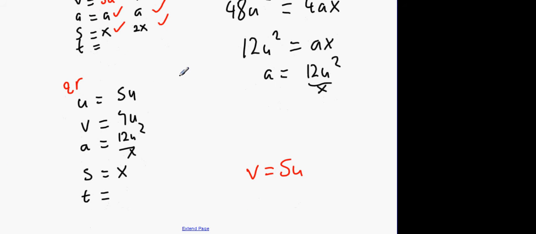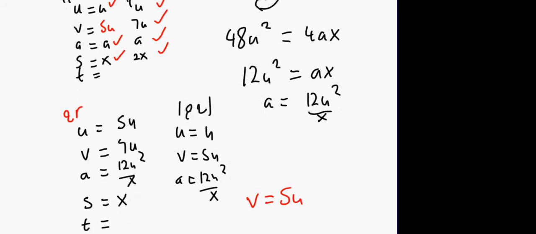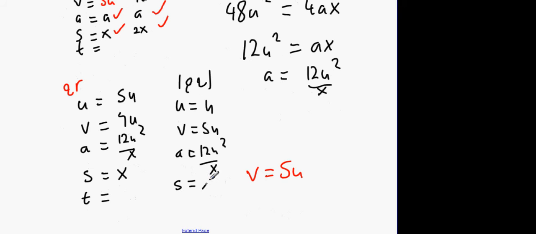We're just going to rewrite our information about PQ as well, just to this side here, just keep it in the one area. u is u, v is 5u, a is 12u squared over x, s is still equal to x. Find out what t is. So I say the easiest formula to use here will simply be v equals u plus at.